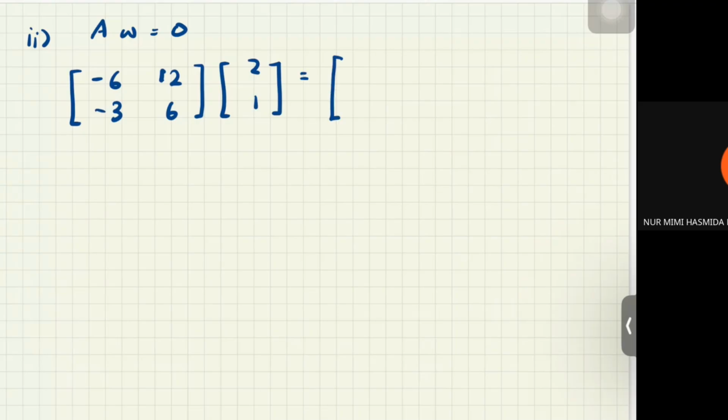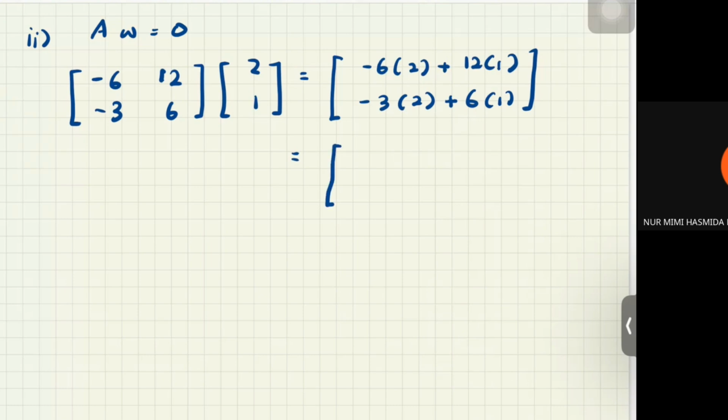So multiply: -6 times 2 plus 12 times 1, and -3 times 2 plus 6 times 1. Simplify. You will get (0, 0). So W is in null A.